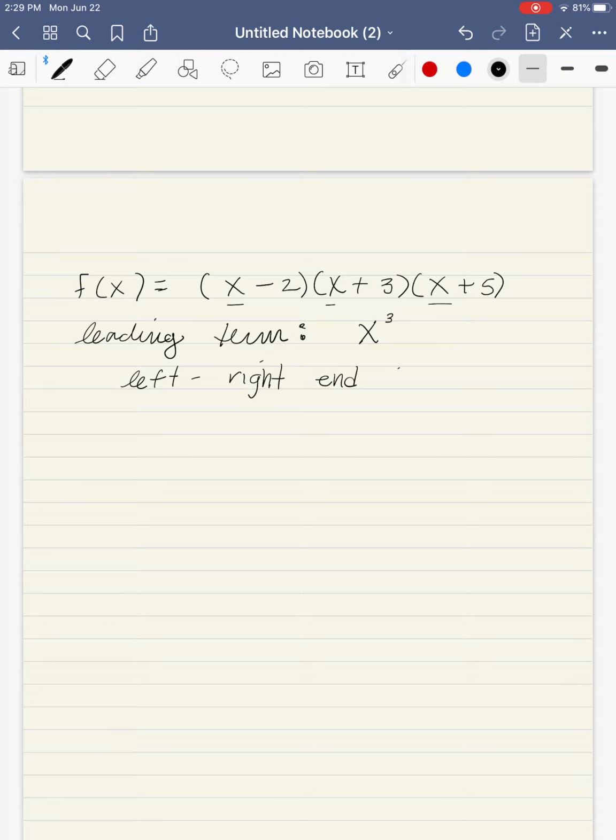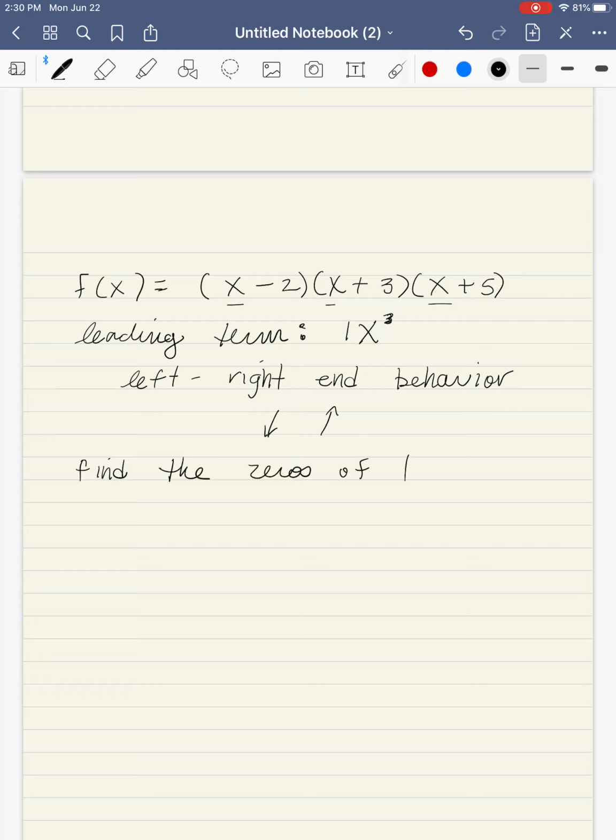So I want you to determine the left, right end behavior based on that table. And just draw your two arrows. Go ahead and do that real quick. And we see that this is an odd exponent, so we know the arrows are going in opposite directions. We have an understood one here, which is positive, so that means it's going to go down left and up right.